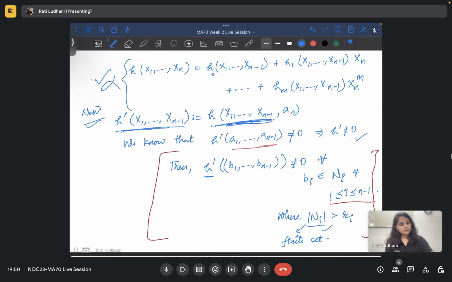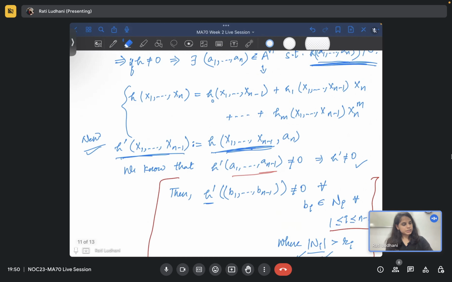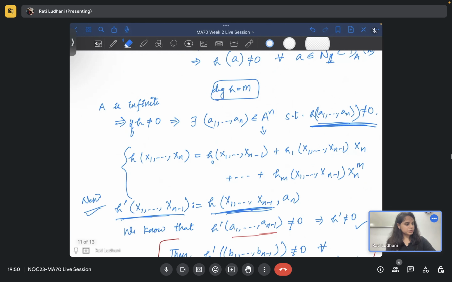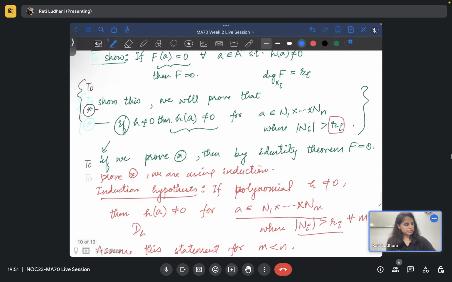Now I will use the last one, the other is already formed. Yeah, so now I will use this part. Oh, okay, m I have already used, so don't confuse with this m. So degree of h is m. Maybe I will not say m.